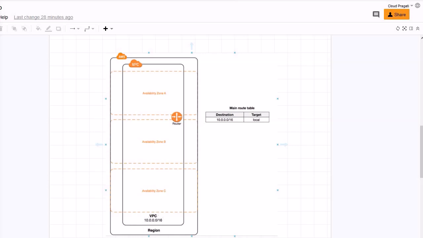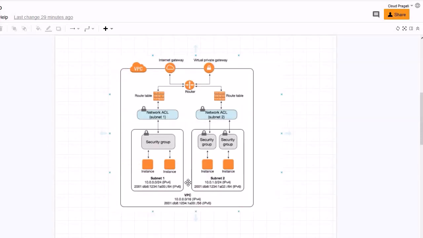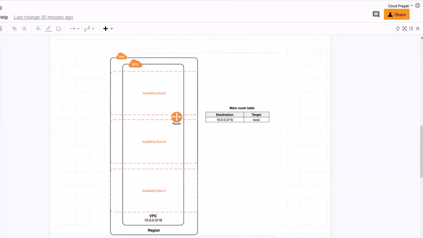Here is the CIDR block for the subnet, which is a subset of the VPC's CIDR block. So the range of the subnet will fall within the CIDR block range. Some points to remember: each subnet must reside entirely within one availability zone. That means the range of the subnet belongs to a particular availability zone.